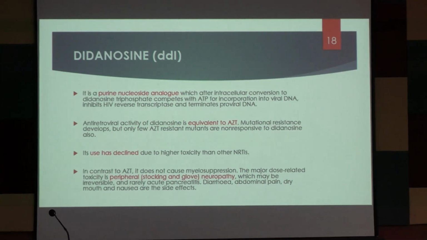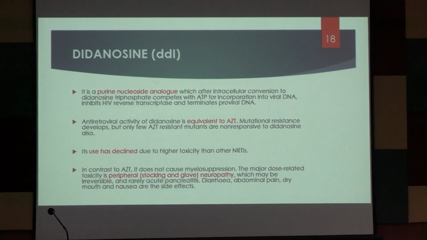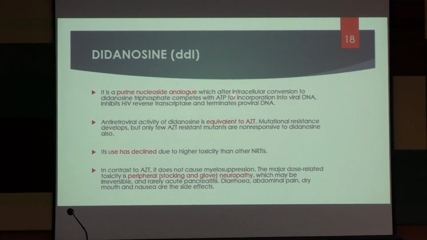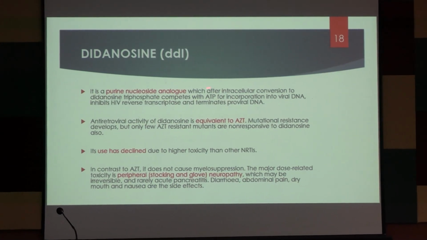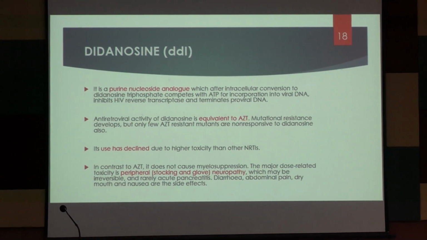Coming to the diadenosine, it is basically a purine nucleoside analog. It's a structural analog of adenosine. It competes with ATP in the host cell. After phosphorylation to diadenosine triphosphate, it competes with the ATP and thus inhibits the reverse transcriptase enzyme.